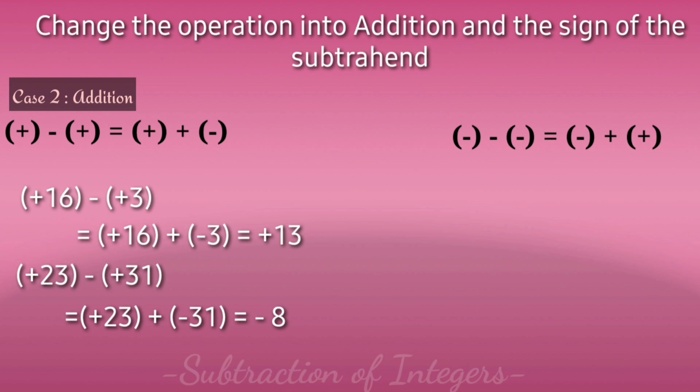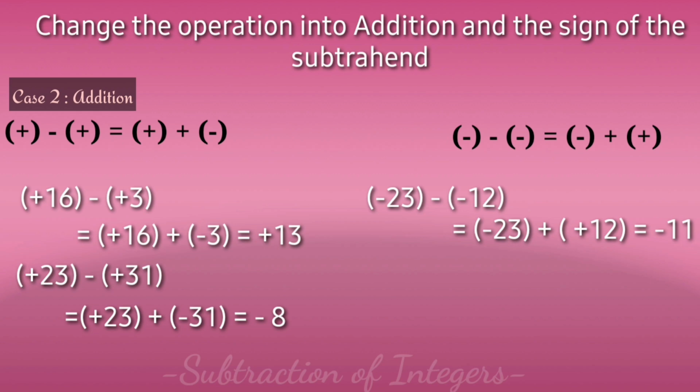Next, negative 23 minus negative 12. So change the operation and change the sign of the subtrahend. So this will become negative 23 plus positive 12. So the answer is negative 11. Next, negative 34 minus negative 50.